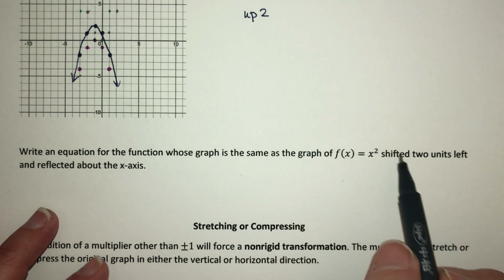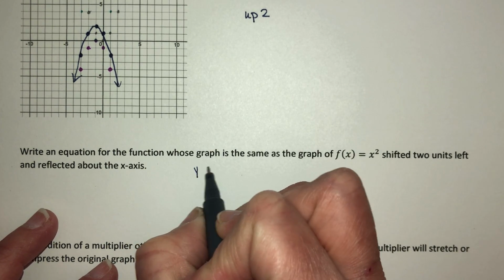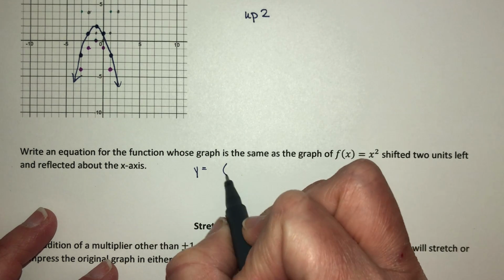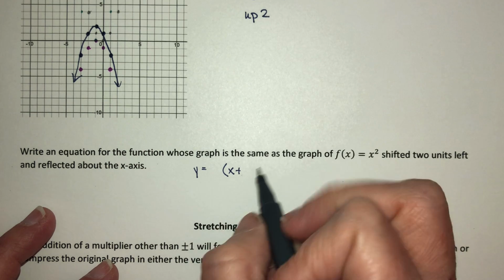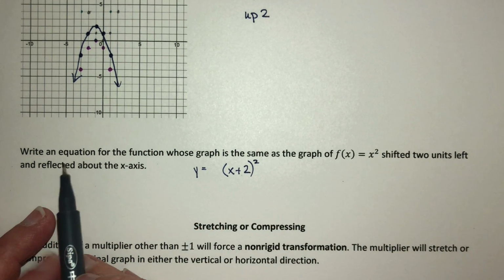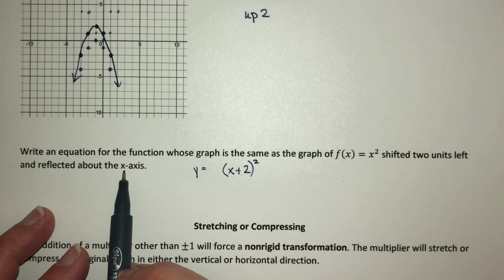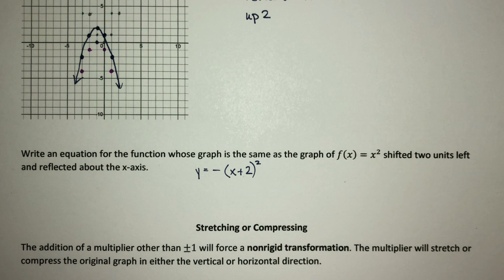Okay, so 2 units left means that I'm going to have x plus 2 units, like that. And now I want to reflect it about the x-axis, so that's a vertical flip, which means the negative is going on the outside. So y is equal to negative times x plus 2 all squared is the answer we're looking for there.